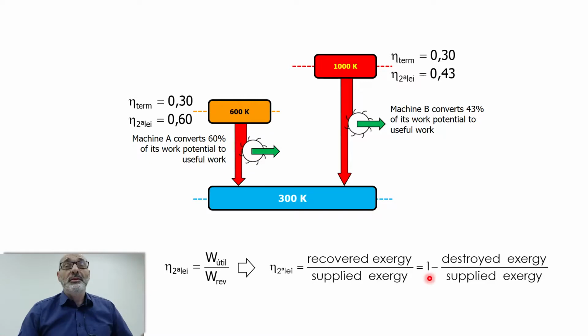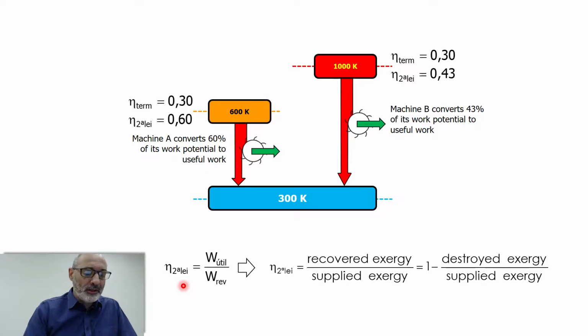So bottom line is that the second law efficiency is a measure of the distance between our actual machine and a reversible machine, which has the maximum first law efficiency. That's a very useful way of interpreting this definition here.